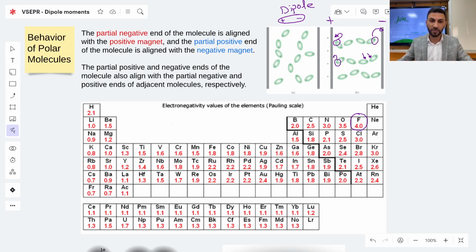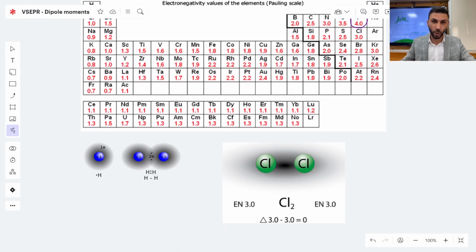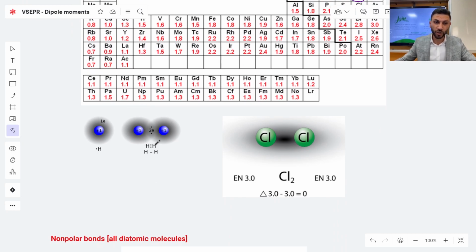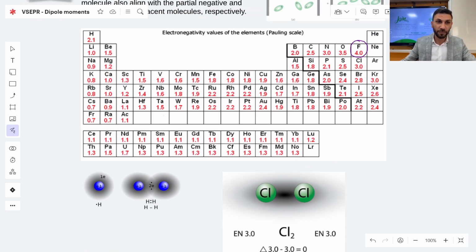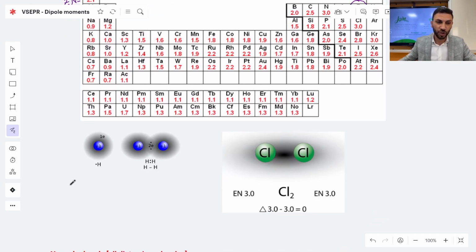So whenever you have a molecule or a bond, for example, between hydrogen and hydrogen, both of them have 2.1 electronegativity. So EN for hydrogen equals 2.1. Let's check the electronegativity difference, the difference between the electronegativity of the hydrogen atoms. It equals 2.1 minus 2.1, which equals 0.